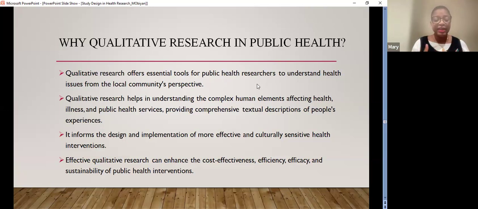It informs the design and implementation of more effective and culturally responsive or sensitive health interventions. Qualitative research reduces wastage when it comes to cost. It improves efficiency, promotes efficacy, and also helps the sustainability and even scalability of public health programs. Next slide, please.